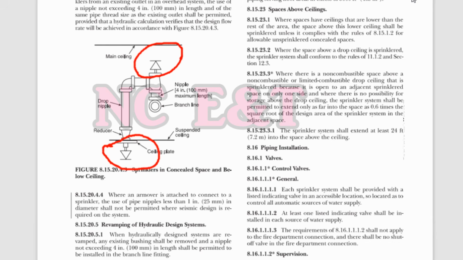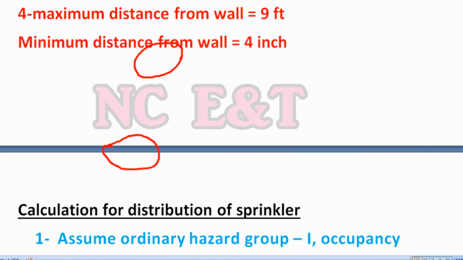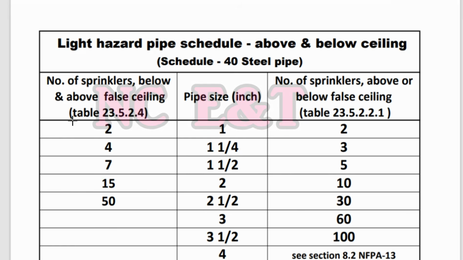So in this case we need to follow this table. This table is for below and above ceiling sprinklers, and we can compare the number of sprinklers.